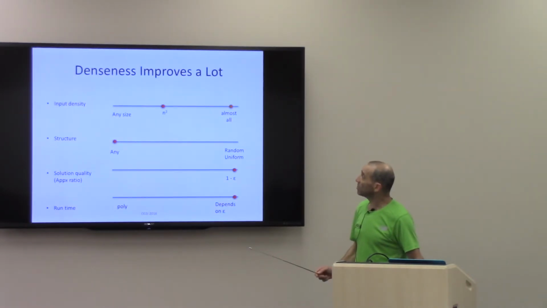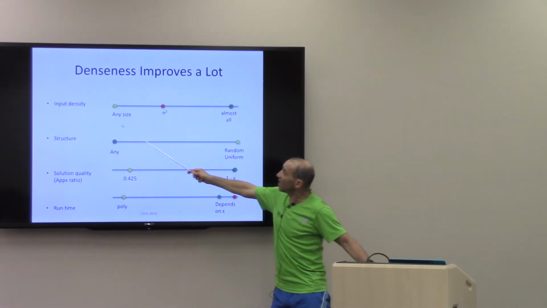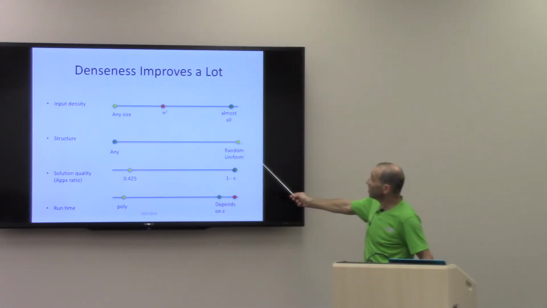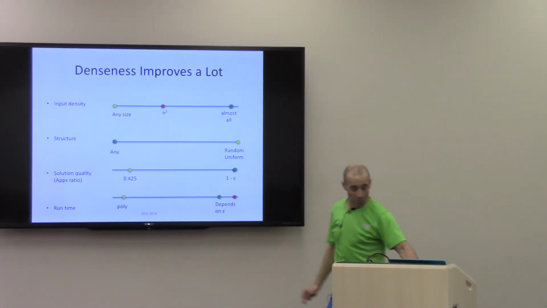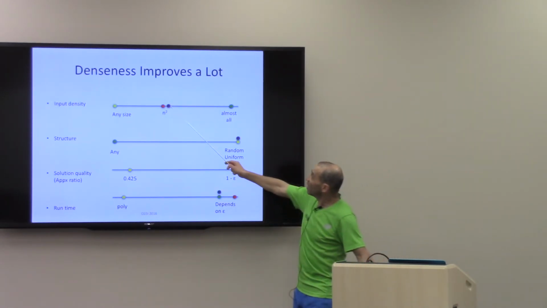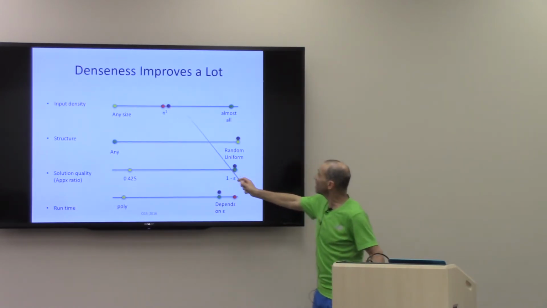Okay, that brought us, so the input, so that we were here with our any size and uniform and the 0.425, and now we are here a little bit over n square, relatively sparse.